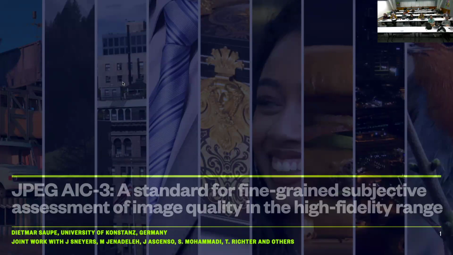Some of the co-authors of this are John Snyers, who was here previously online, but now it's too late in Europe. I guess he quit. Mohsen Janadele, João Ascenso, Shima Mohammadi, and Thomas Richter, and some more. Okay, the standard is for fine-grained subjective assessment of image quality in the high fidelity range.